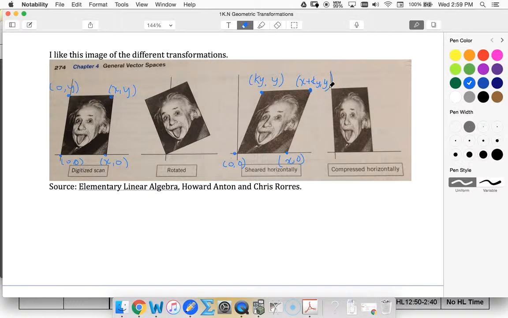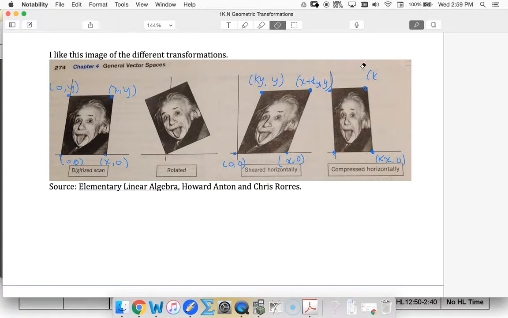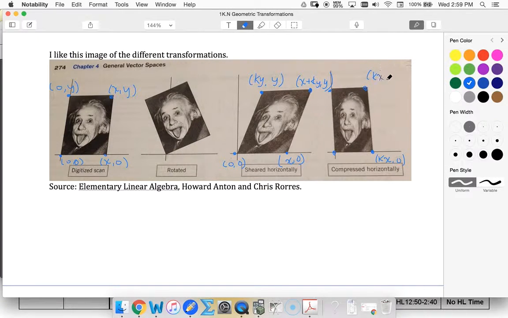So in this case, now my points on the y-axis have remained the same, but now this point is going to be kx, this point kxy, and of course, this point remained the same because my x-coordinate here was 0.